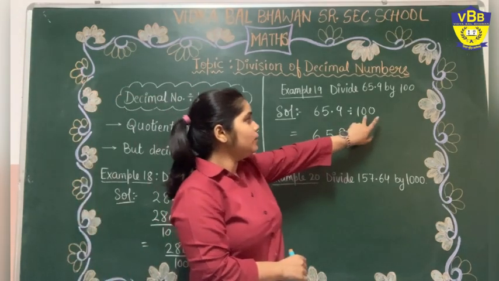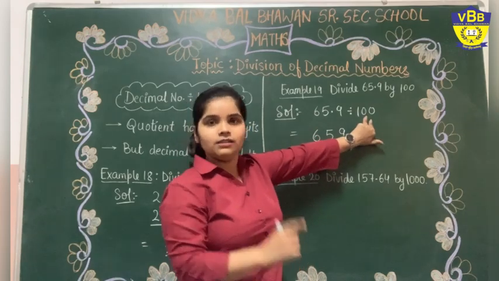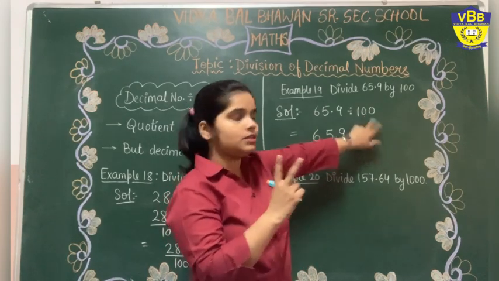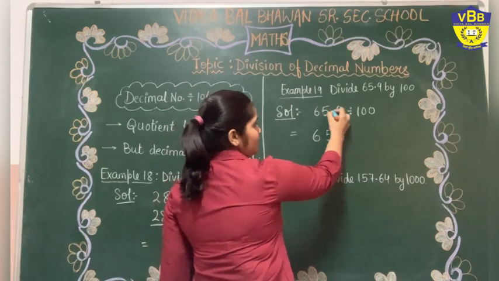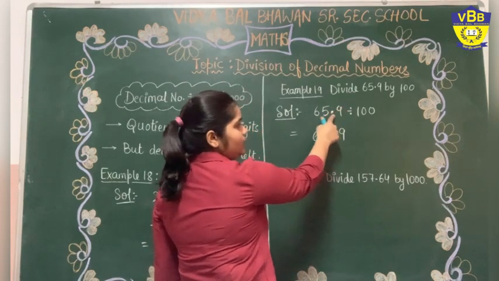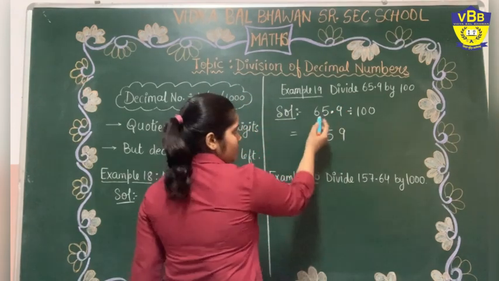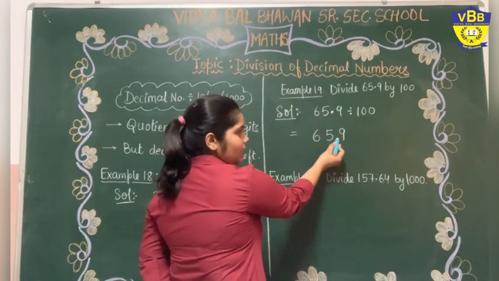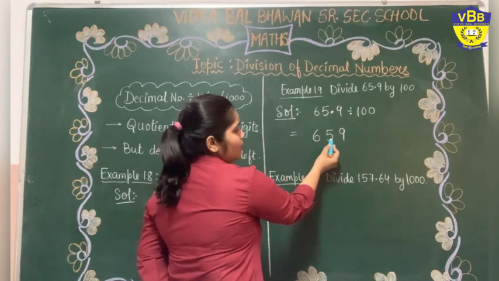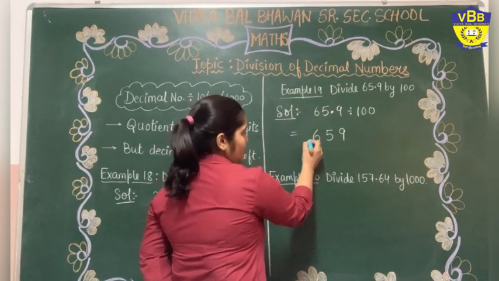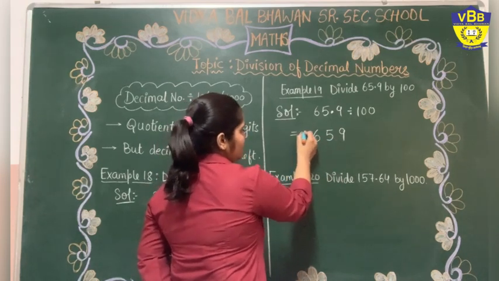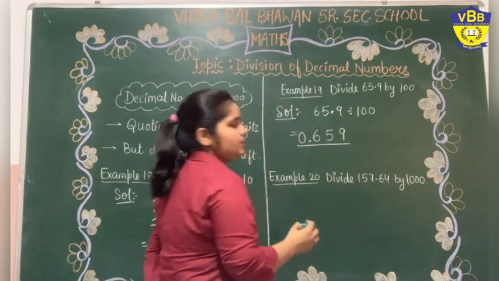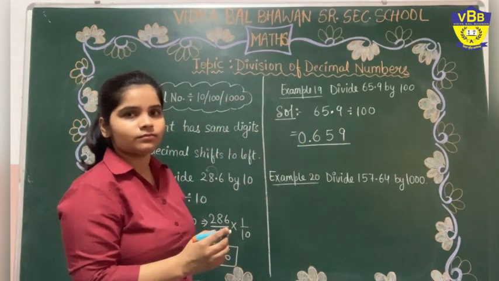By the number of zeros the divisor has. 100 has 2 zeros. So here is the decimal. It will shift to the left side by 2 decimal places. 1, 2. It was here. Now it will shift to the left side. 1, 2. It is shifted to the left side. The answer becomes 0.659.